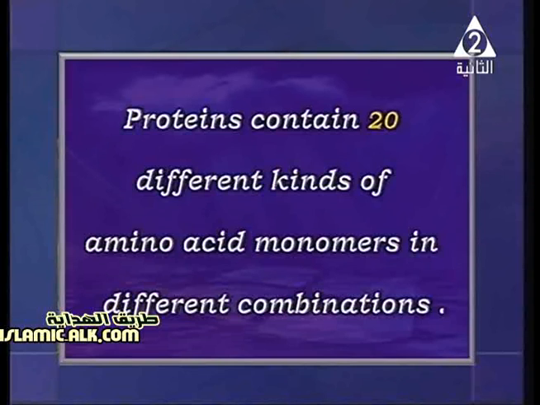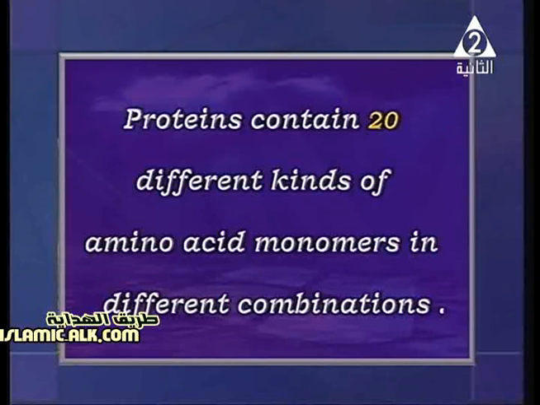Again, each macromolecule has tiny structural units called monomers. So the monomers of proteins are amino acids, and how many types of amino acids do we have? We have 20 different types or kinds of amino acids.